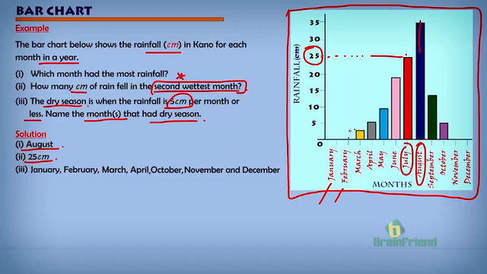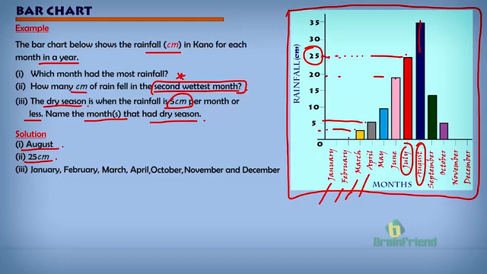March has about 2.5 centimeters, which is less than 5, and therefore it also qualifies to be a dry season. The month of April has exactly 5 centimeters of rainfall. That means it also qualifies to be a dry season. May has 10, so it does not qualify. June has 20, does not qualify.